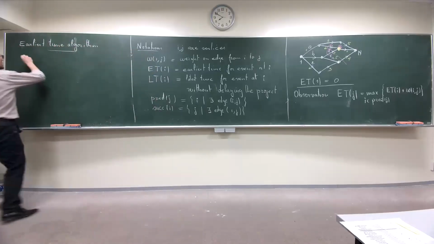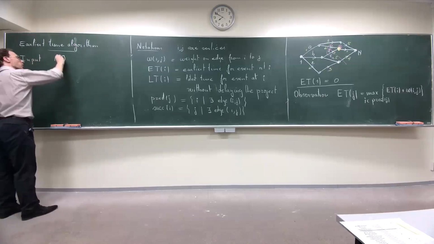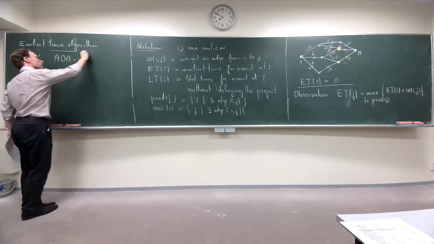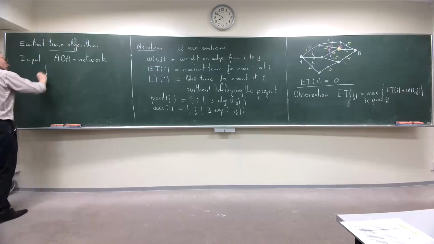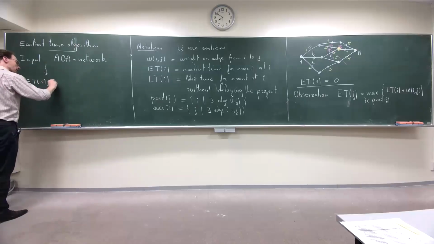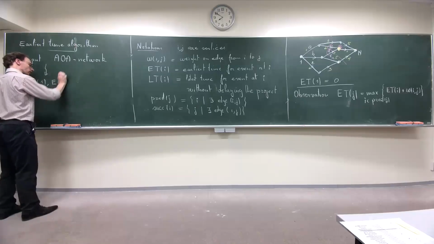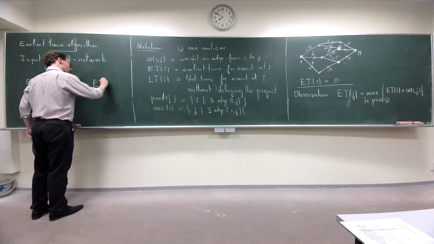What you input is the AOA network. And what is the output? You get ET of 1, ET of 2, up to ET of N.